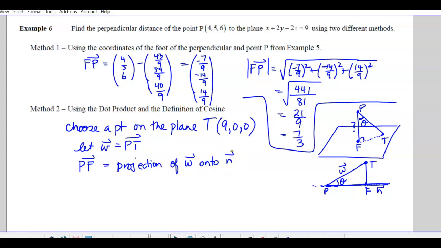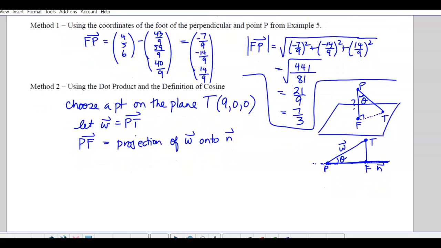Okay, so let's remember a couple of things, right? Cosine of theta in that triangle is adjacent over hypotenuse.